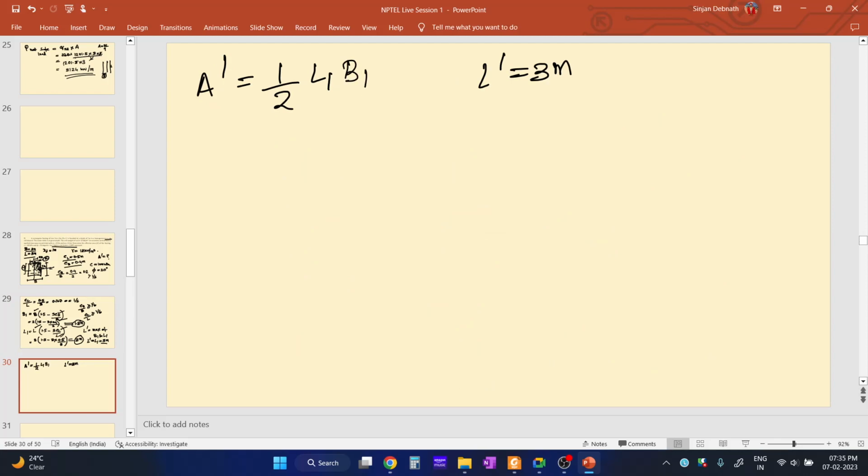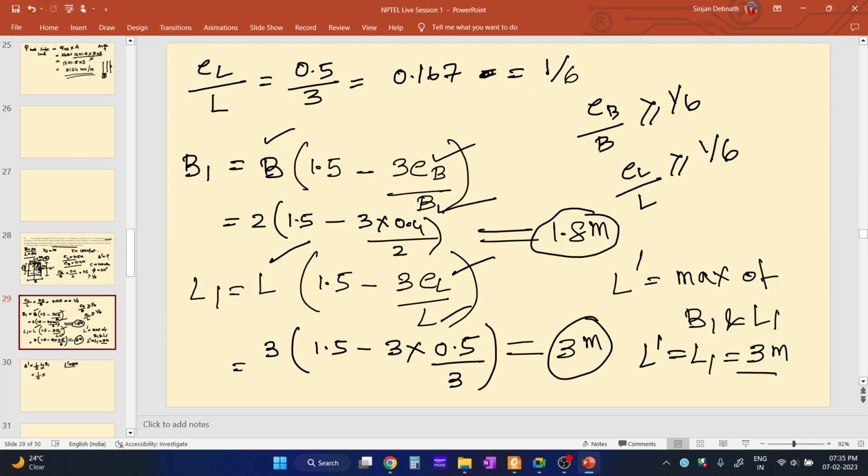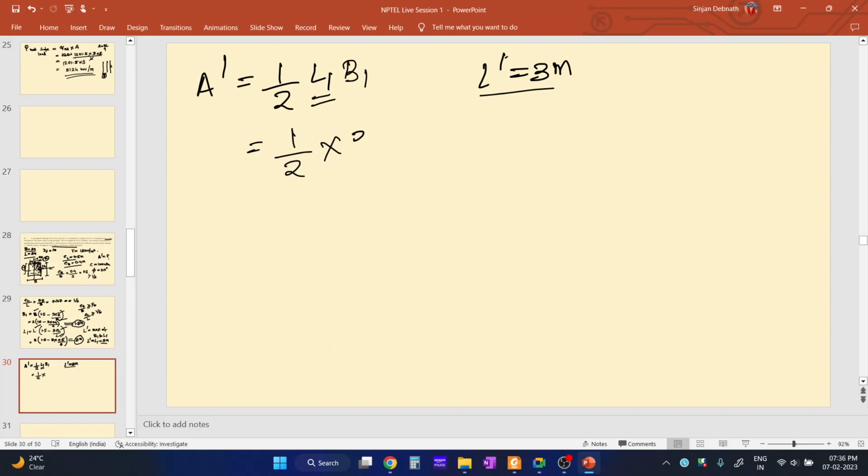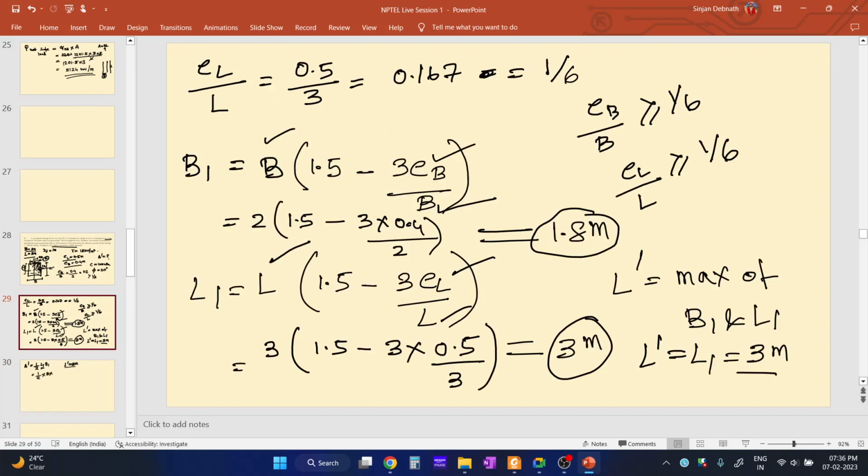There is no need to incorporate L dash because L dash and L1 are both the same, so I am writing L1 over here. Half into L1, which is 3 meter, into B1, which is 1.8 meter.